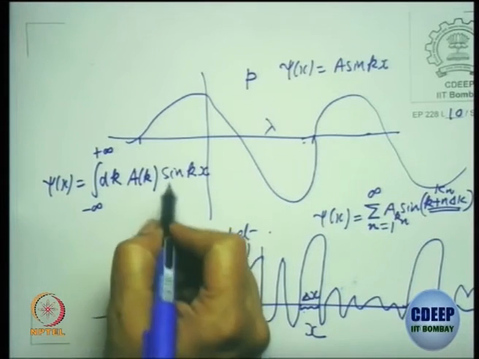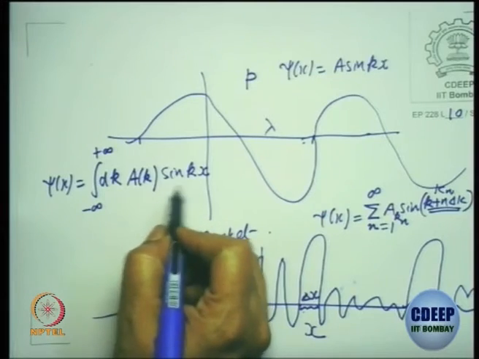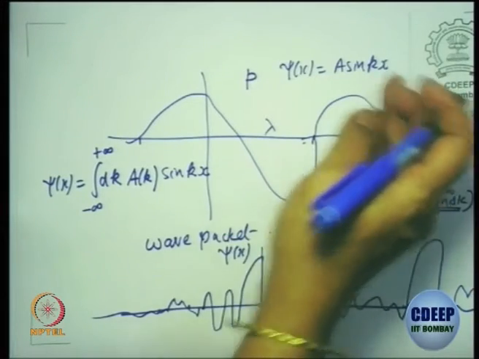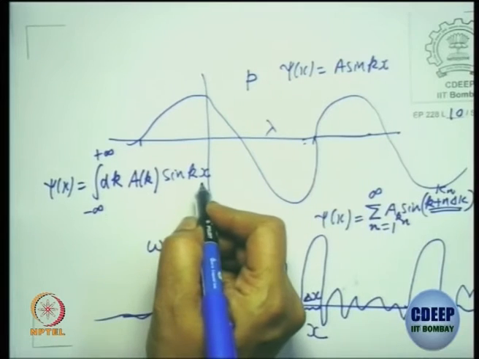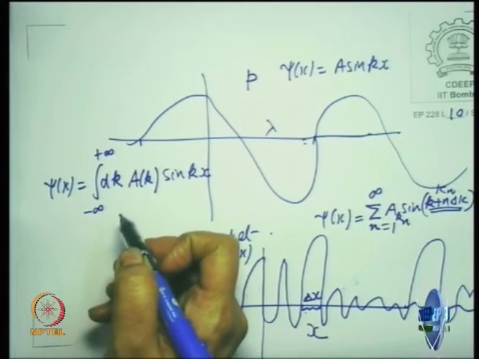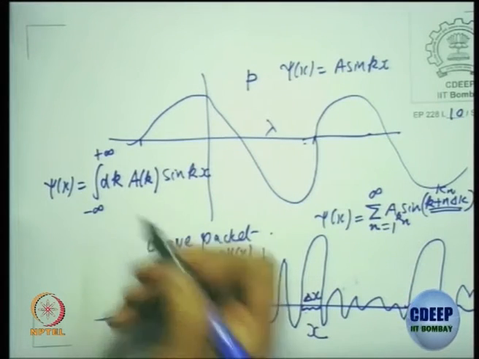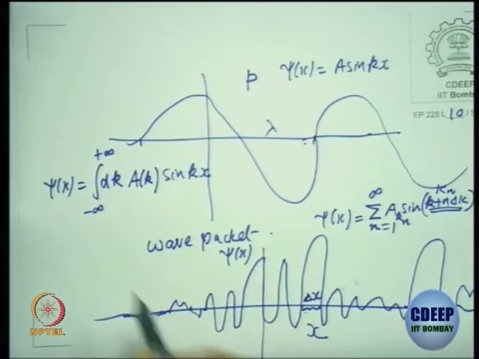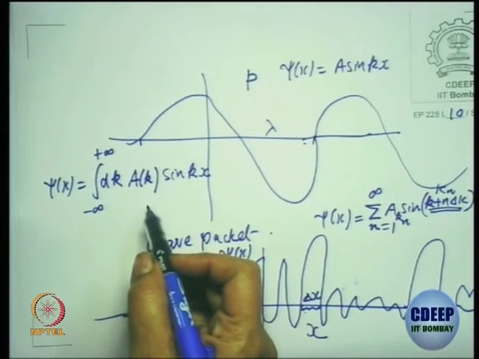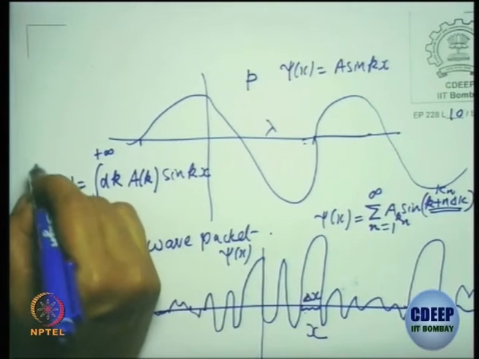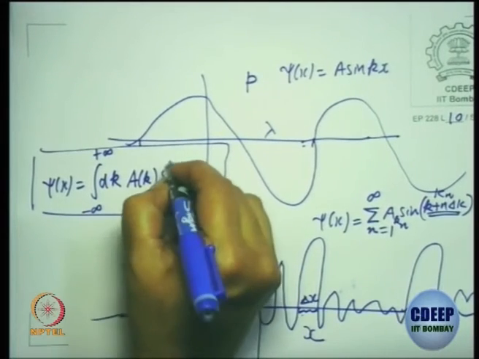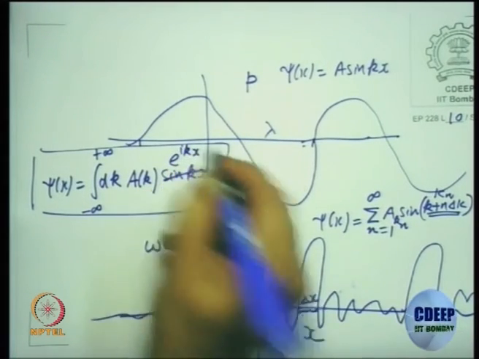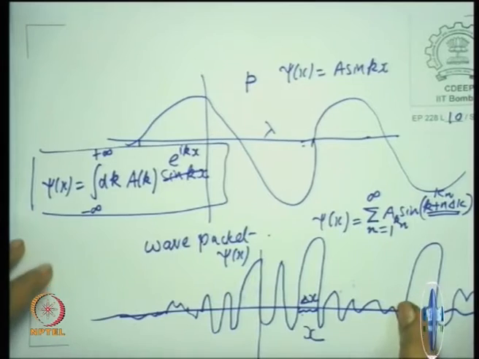We wanted to keep the sin kx, formally may not be the general, you will have a cos kx also. So I said we could try and rewrite this as e to the power of ikx and A of k. So what is A of k to be interpreted here? Suppose I replace this by e to the ikx. So let me rewrite it again here.